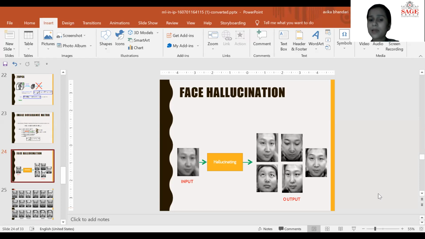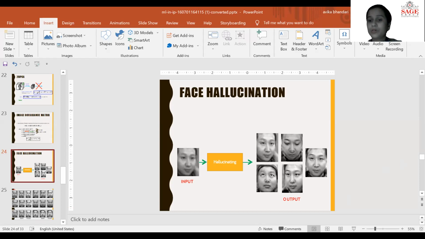On that concept, we can provide the output, maybe three or four images that have some similarity with the input image. This similarity depends upon the size of the image, the color of the image, and the feature extraction from that image. So feature extraction is a very important technique in image processing.